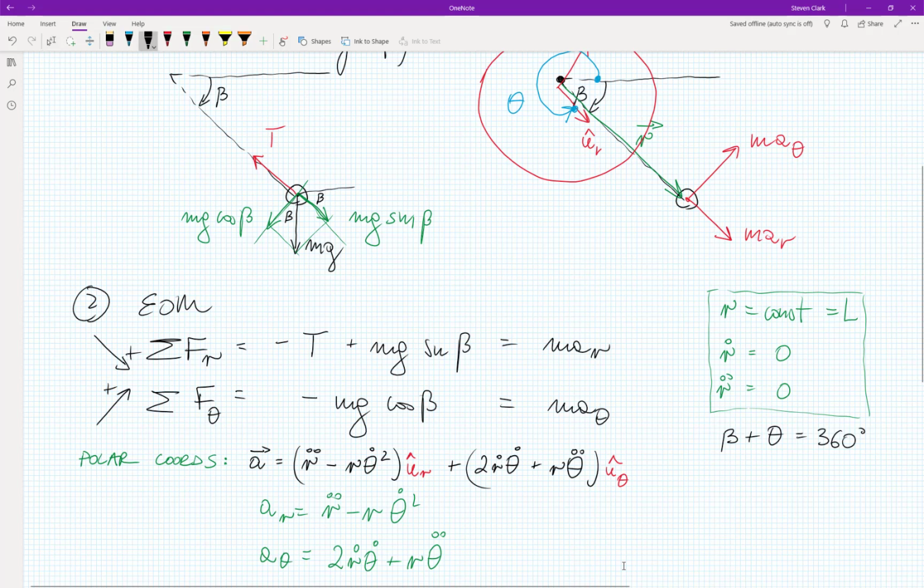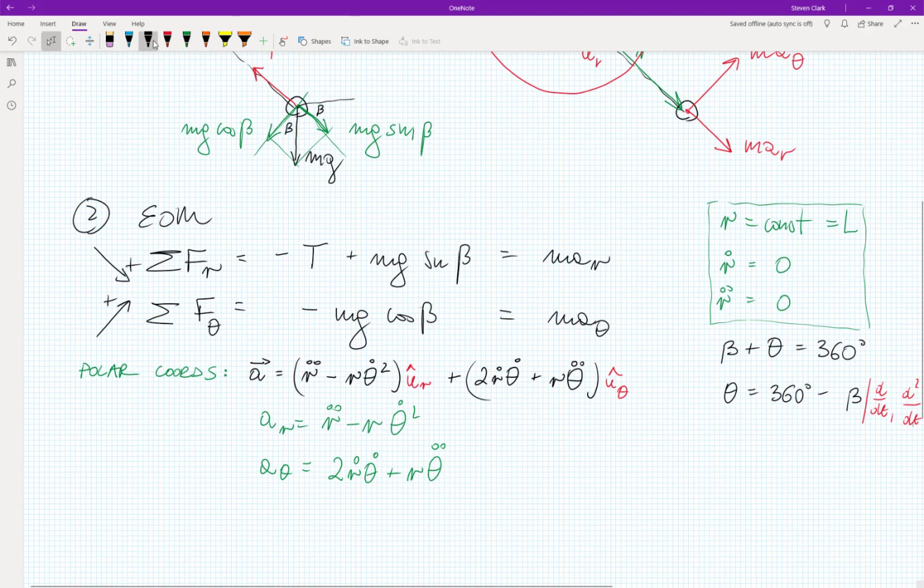Yeah, so I can actually express theta as some constant value minus beta. Okay, and now if I differentiate twice, I mean once and then one more time, I will end up with such expressions. Theta dot is equal to minus beta dot, and theta double dot is equal to minus beta double dot.